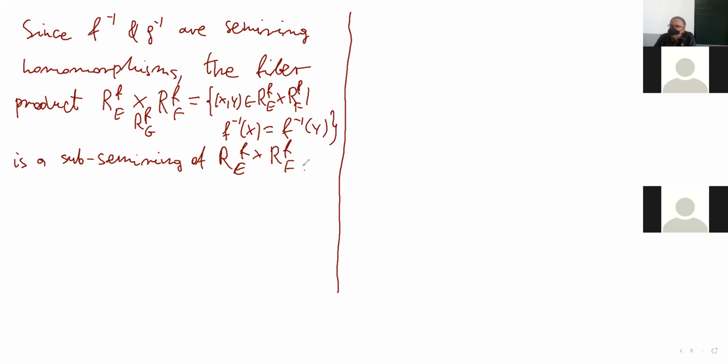And now when you look at the maps witnessing, moreover, furthermore, all maps we need are semi-ring homomorphisms.